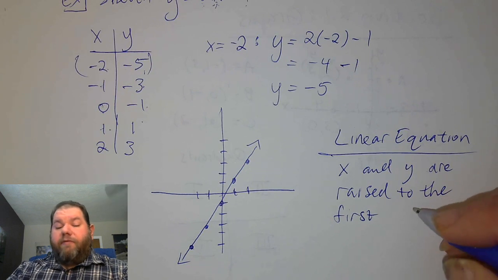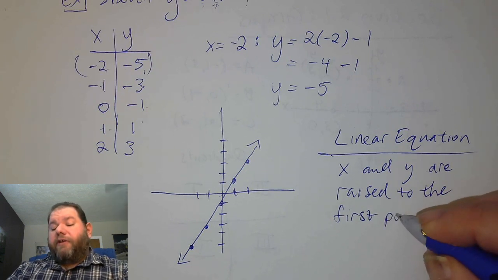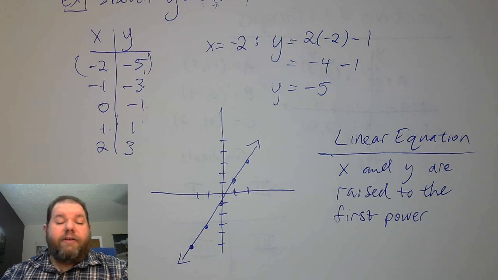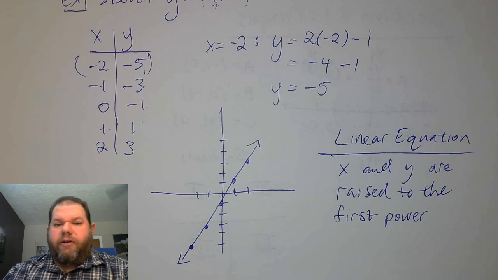So if we just have the variables raised to the first power, then the equation will be linear and therefore a straight line. So it's just x, it's just y. We don't have like x squared or square root of y or something like that that's different. Then we know it's going to be linear.